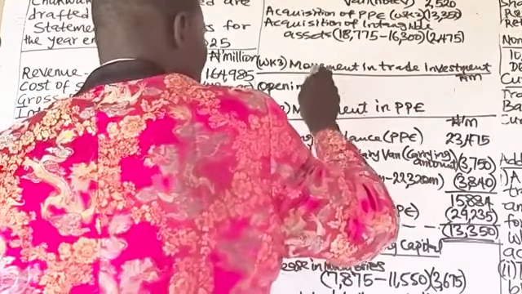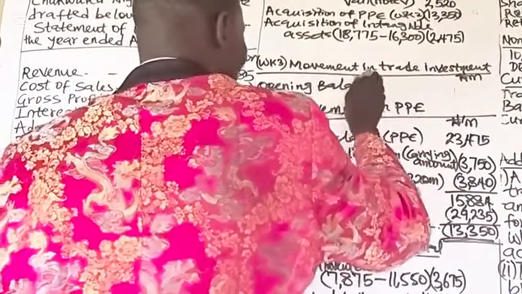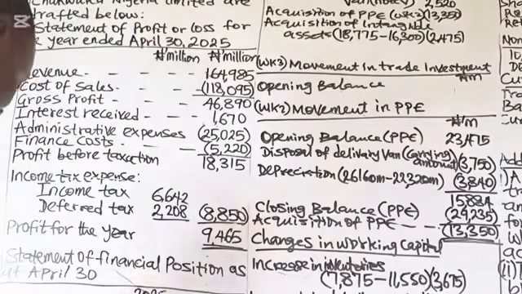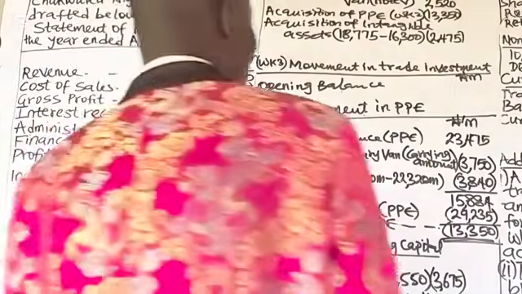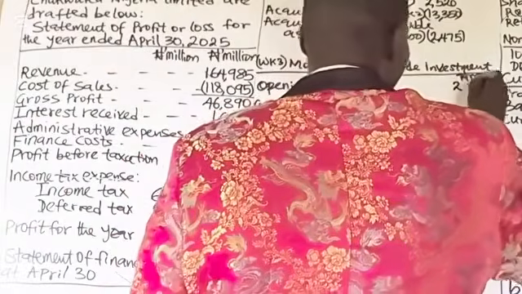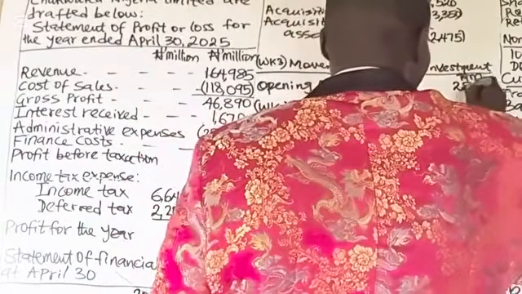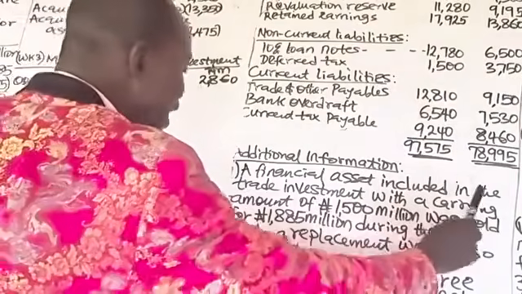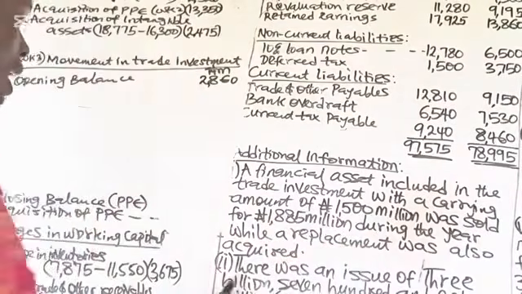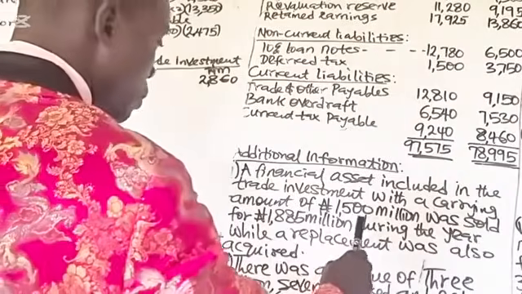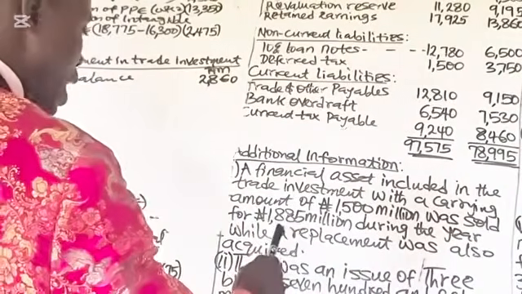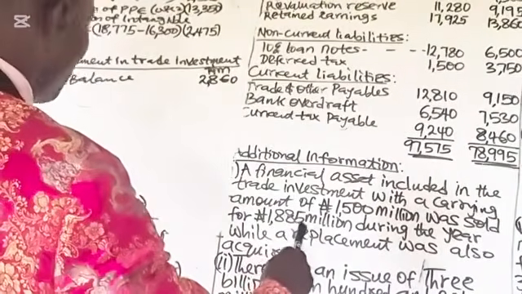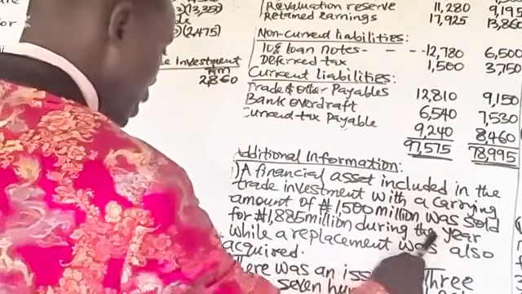Opening balance under non-current assets, you have the trade investment of 2,860. That is the opening balance. Note 1, you were told a financial asset included in the trade investment with a carrying amount of 1.5 was sold for 1,885 million during the year.